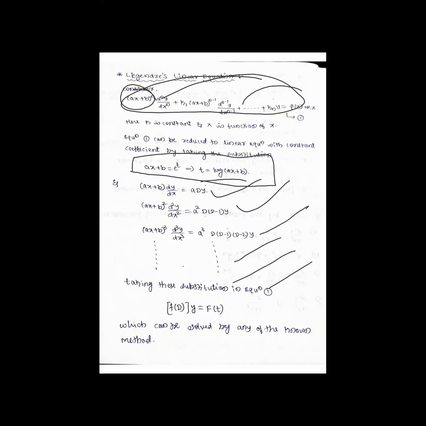See, the power of ax plus b and the order of the derivative should be similar. In the next case, (ax plus b) squared is there and d^2 y by dx^2 is there. This power and this order are both the same. Then only I can use this. So wherever (ax plus b) into dy by dx is coming, use a into D of y.